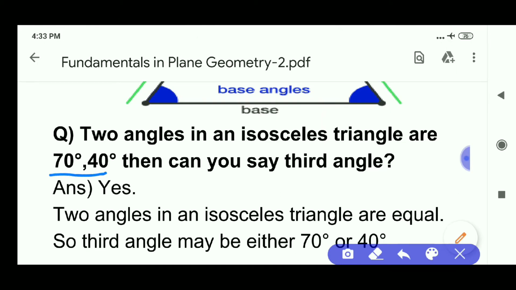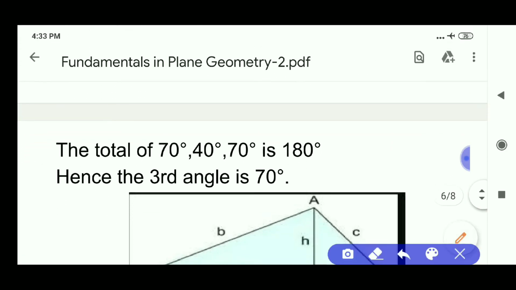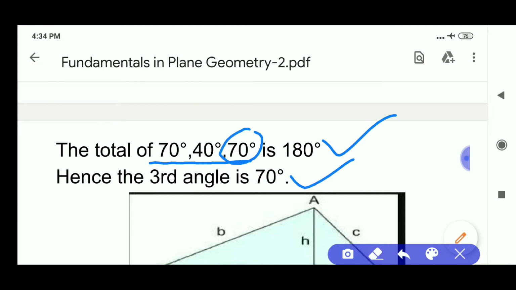Can you say the third angle? Yes. Two angles in an isosceles triangle are equal, so the third angle may be either 70 or 40. By observation, the total of 70, 40, 70 is 180. So the third angle is none other than 70 degrees.